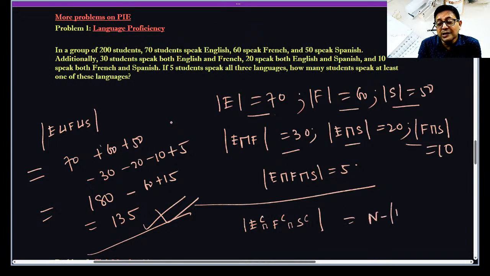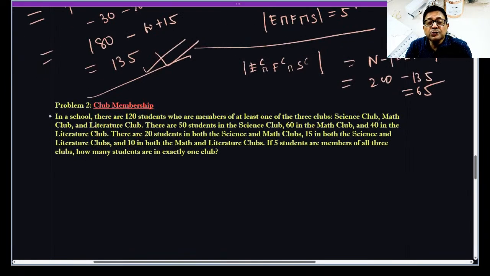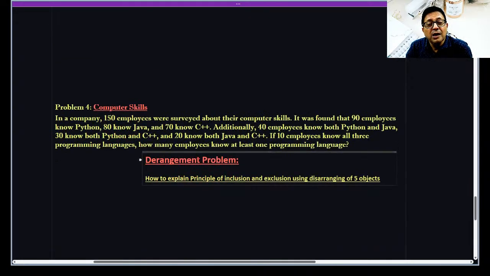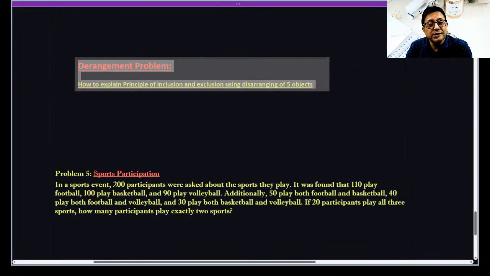Total number minus, I hope you have understood, it will be 200 minus 65. No need to do this kind of sum again and again, because these questions I am going to share with you, we will do it later.